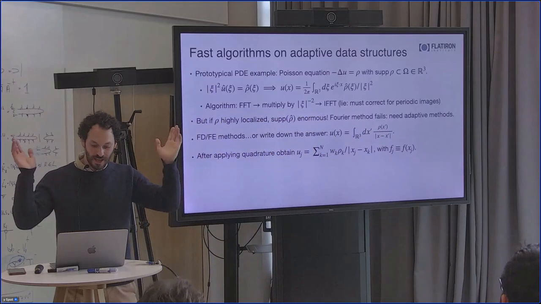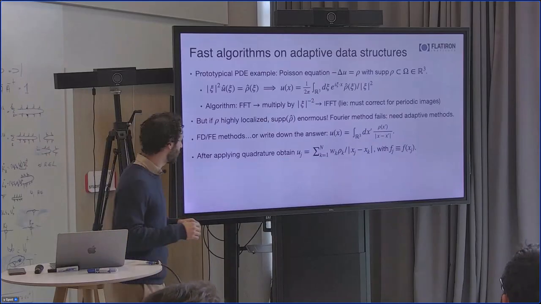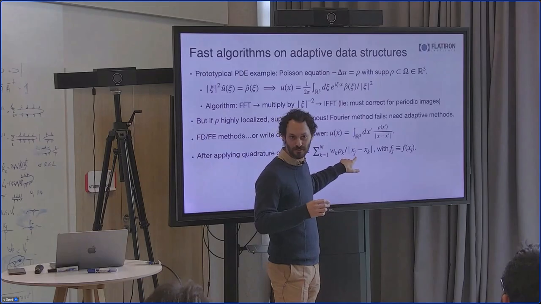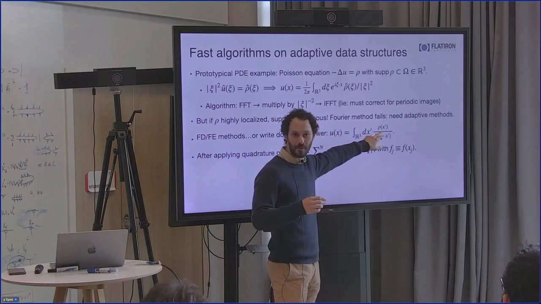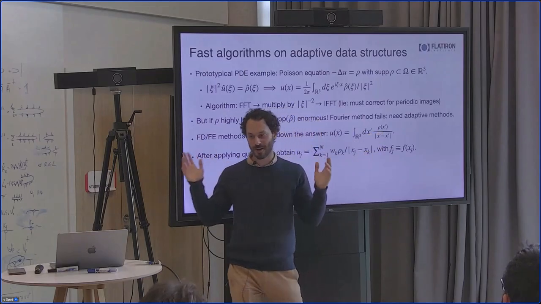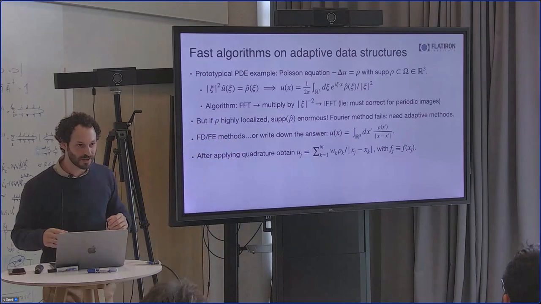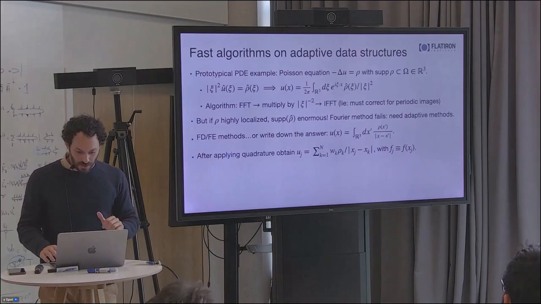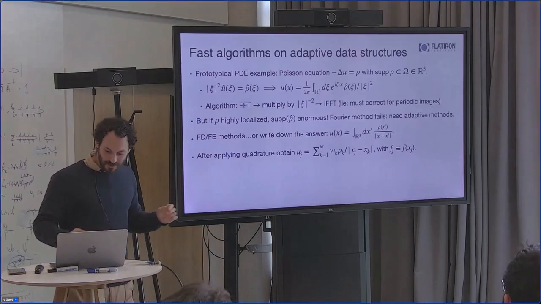And let's say, to keep things simple, that I also want to evaluate the solution at the same grid points as I've represented the data on. For the Poisson equation, that's probably a good idea, because the solution will be smoother than the data. Good, so we end up with this discrete problem.